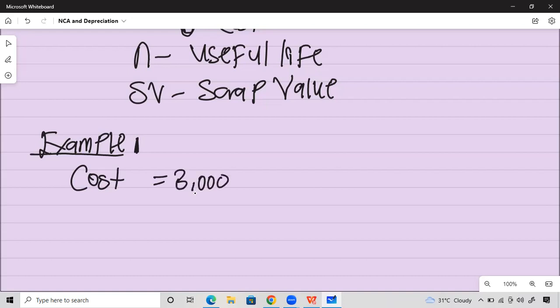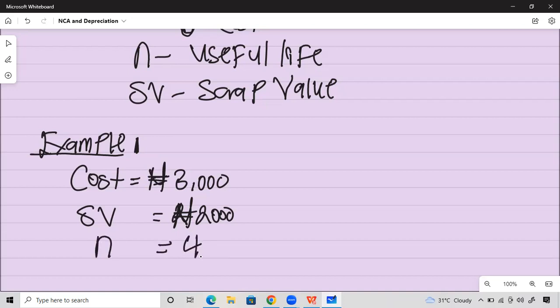That is the cost of the asset. And the scrap value is 200. It's 200 naira. And let's say the useful life is 4 years.